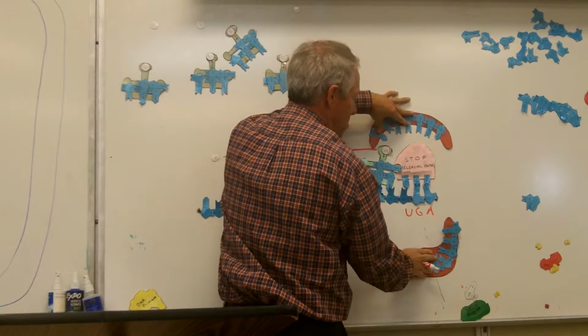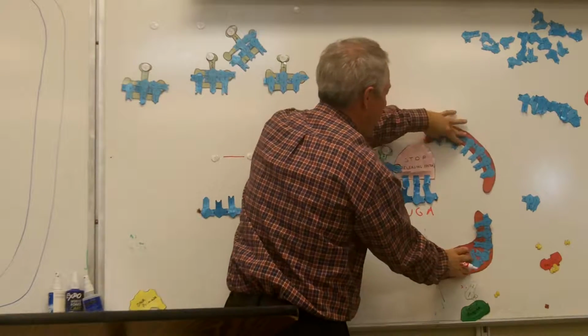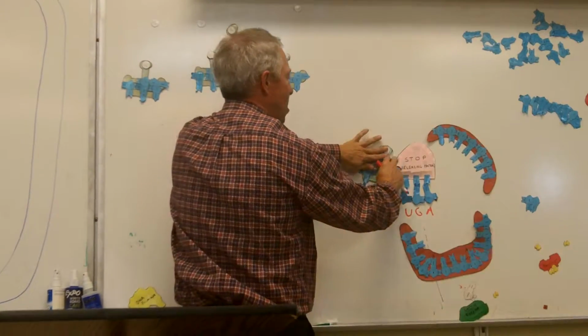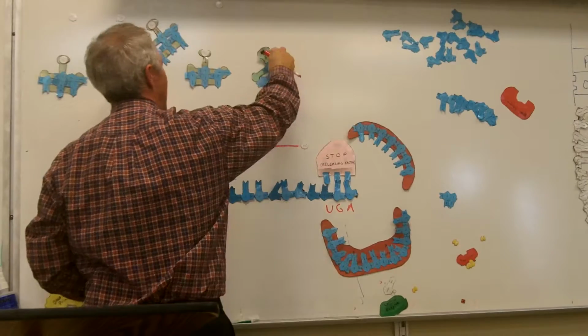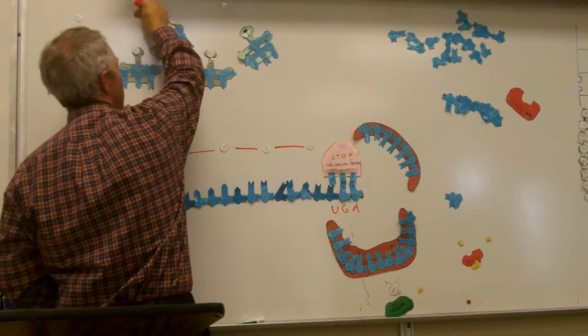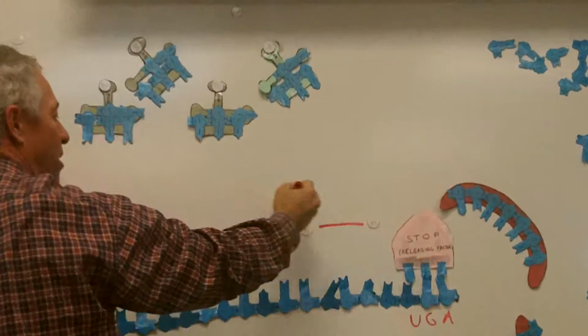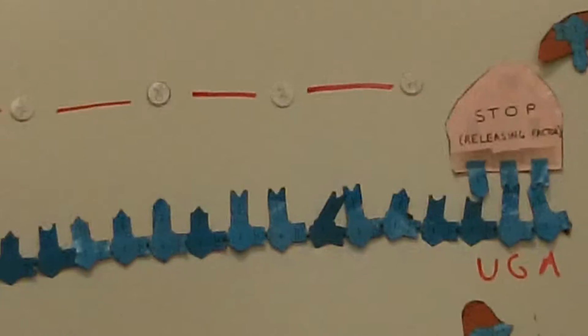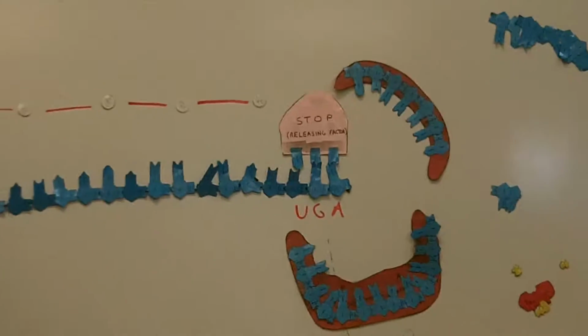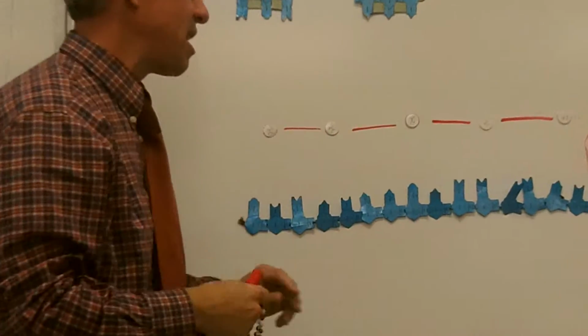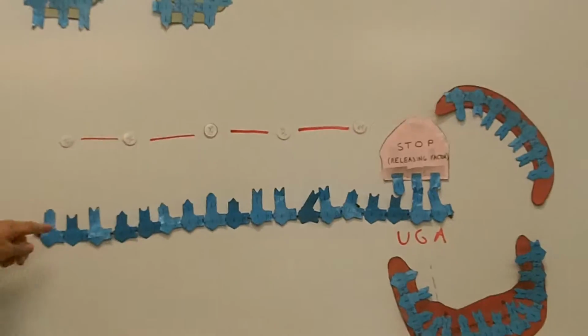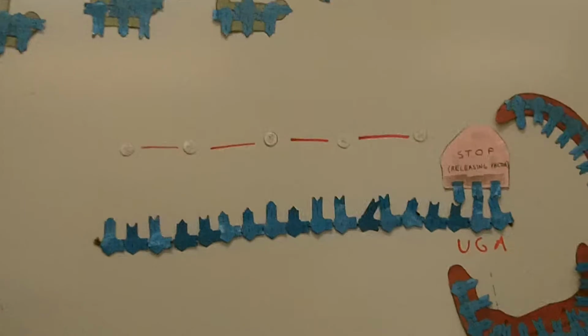The ribosome will slide over and kind of break apart there, and this tRNA will leave and go get another amino acid, but look what we're left with. We're left with a protein. That's a protein right there. So we translated the mRNA code into a protein.